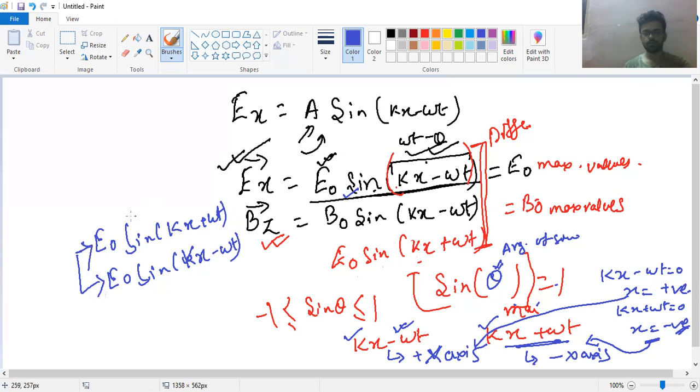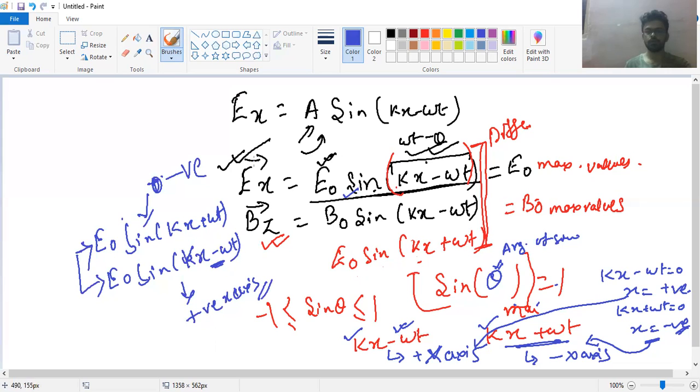You will say no. One wave is propagating along the negative x-axis, and for this one, if there is a negative in between and we equate it to 0, then x will come out to be positive, so it is propagating along the positive x-axis. I hope you understood the difference between the two.